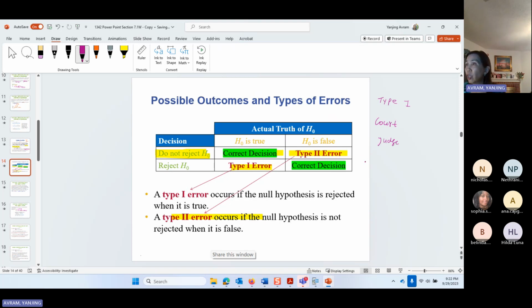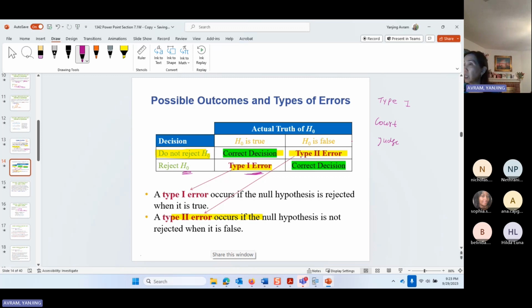So if a person is innocent and the judge lets the person go home, that's the correct decision. But if the person is innocent and the judge says no, you're going to jail, that is called a type 1 error. You reject the innocent person, so that's the type 1 error.